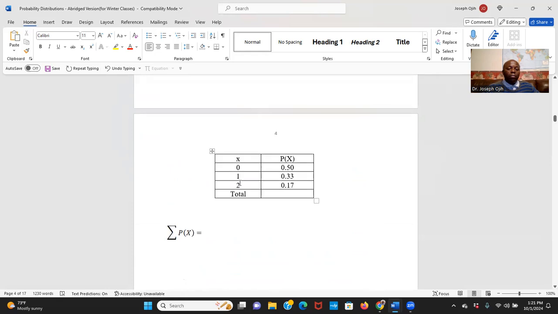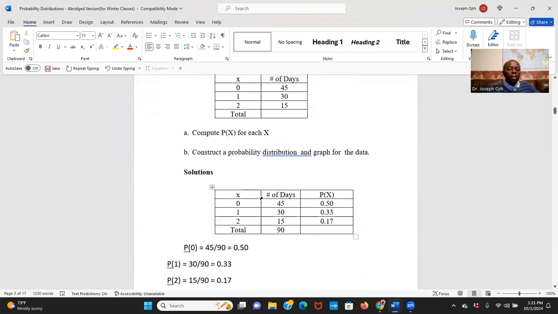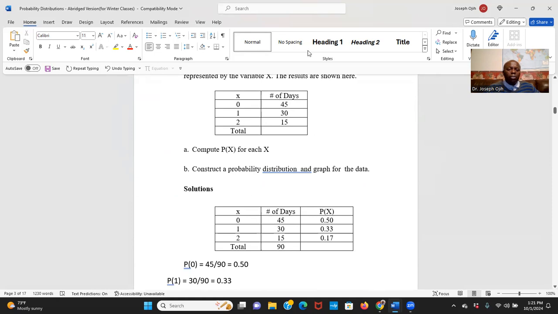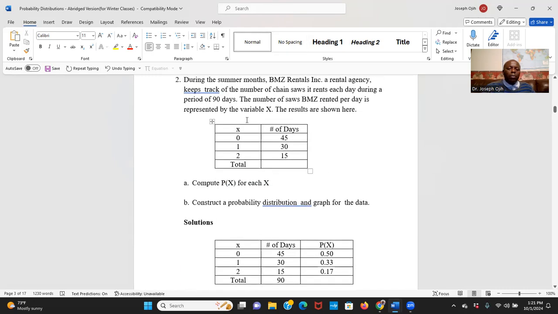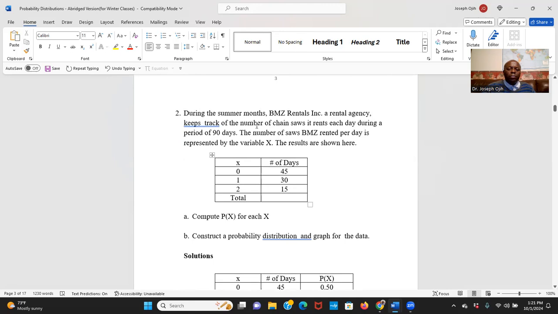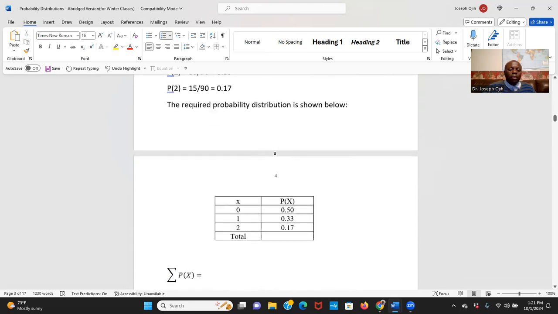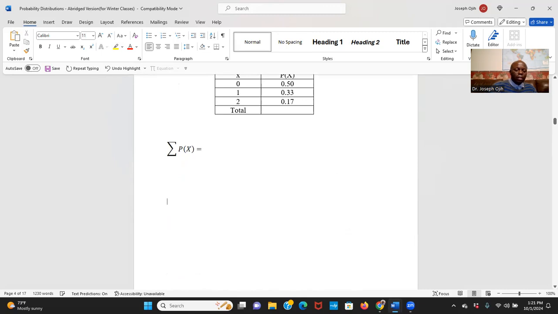We have outcomes, which include the number of chainsaws rented. Number of chainsaws rented.